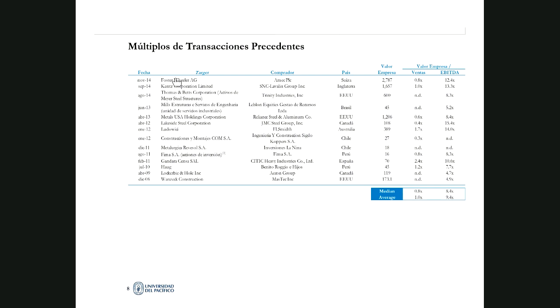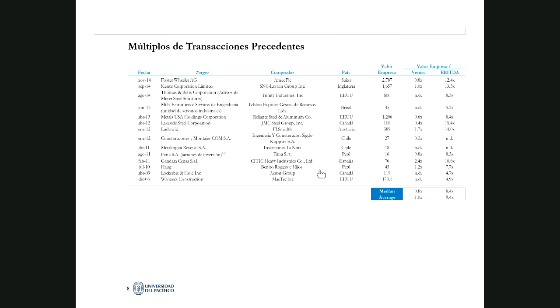Foster Wheeler being acquired by AME, Hens being acquired by CNC, and US How being acquired by Rojo, etc. Okay?